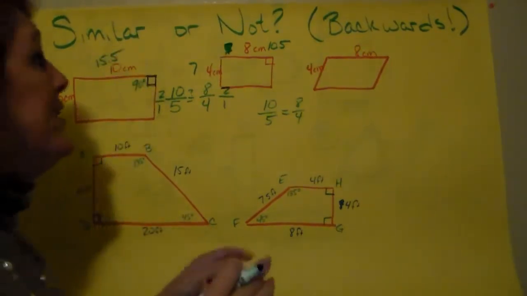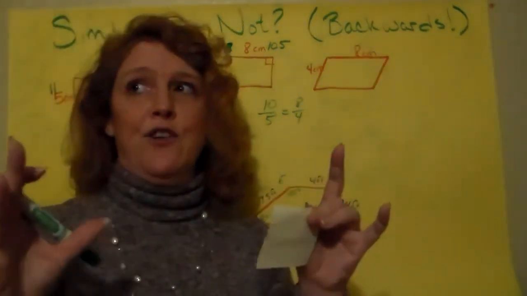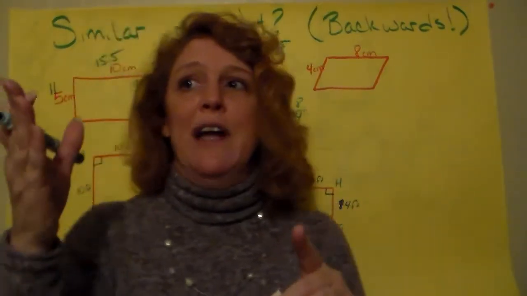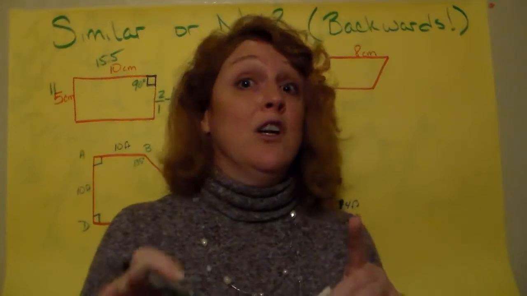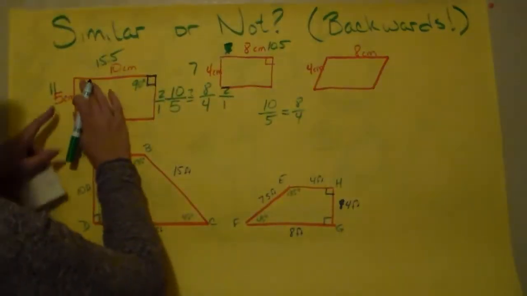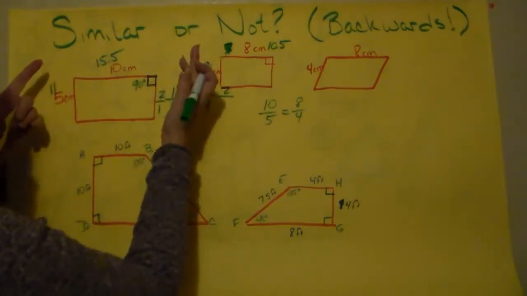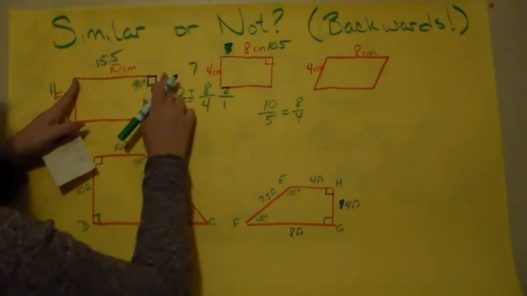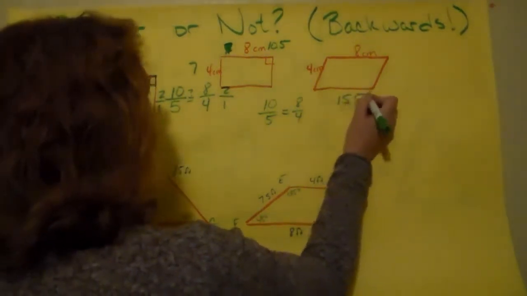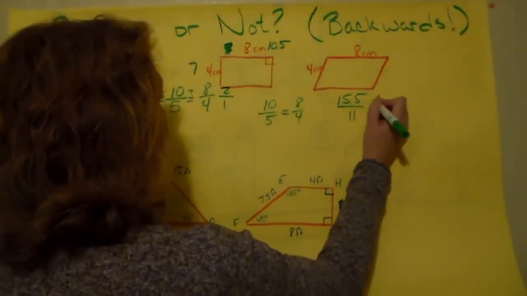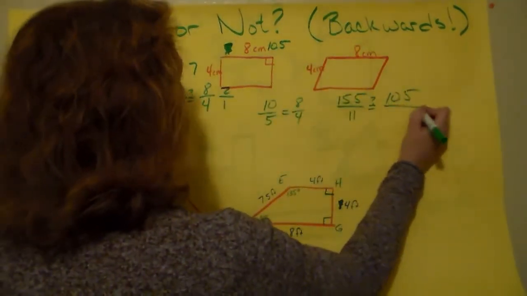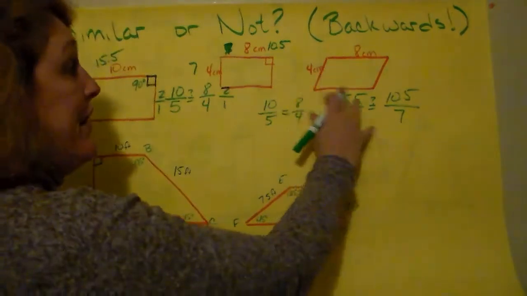They're not always going to be perfectly fractional, and you can't just reduce. Sometimes you're actually going to have to do the cross multiplication solving for proportions. So in this case, again, it doesn't matter which, but you have to be consistent. So I'm going to say length over width. So I'm going to say 15.5 over 11. Does it equal 10.5 over 7? Now, are these proportional?